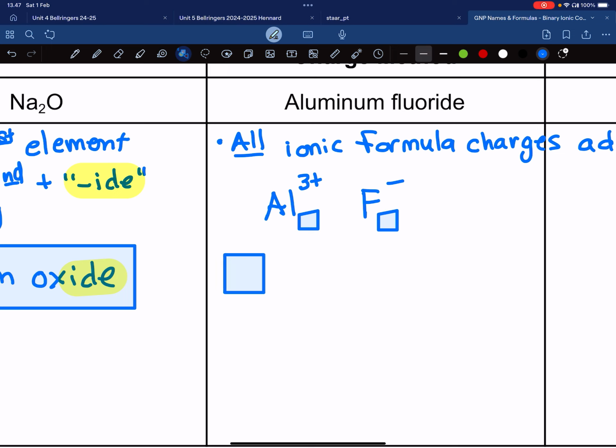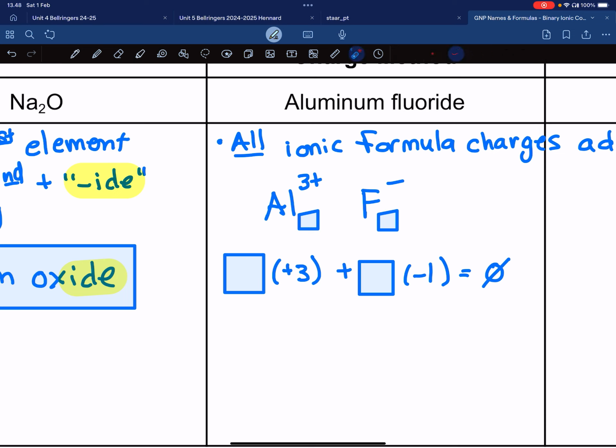How many aluminum plus 3 charges added to how many fluoride minus 1 charges equals 0. And we want the smallest numbers possible.